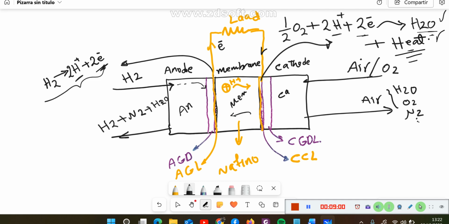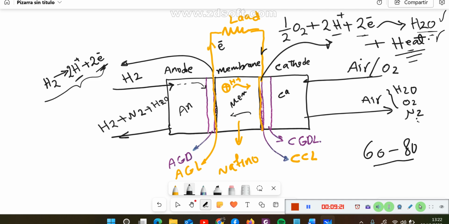And these reactions happen at a low temperature, around 60 to 80 degrees. The range of operating temperature for the PEM fuel cell is around 60 to 80 degrees.